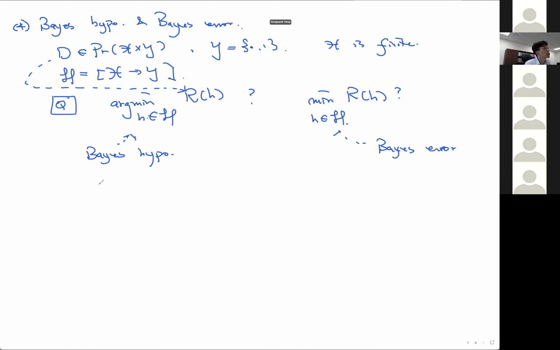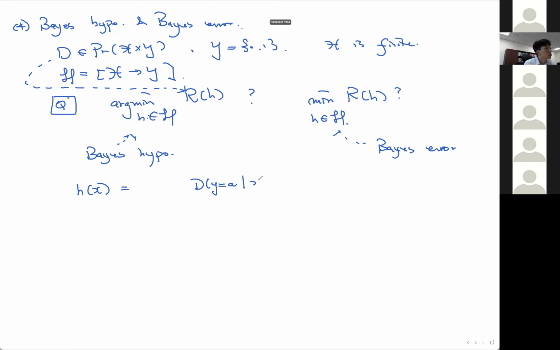So what is the Bayes hypothesis? The Bayes hypothesis is actually quite simple. Given X, we are thinking about the conditional probability of Y having value A, where A can be either 0 or 1.